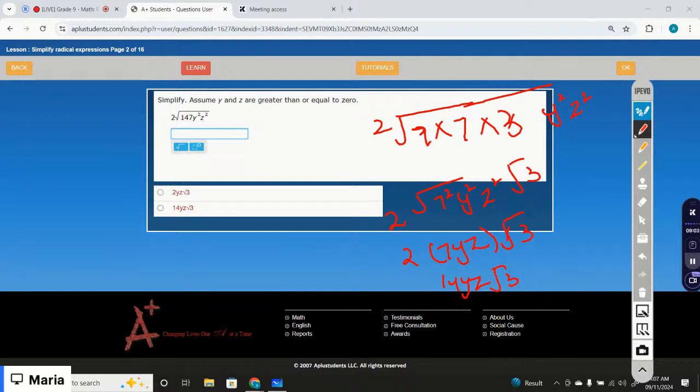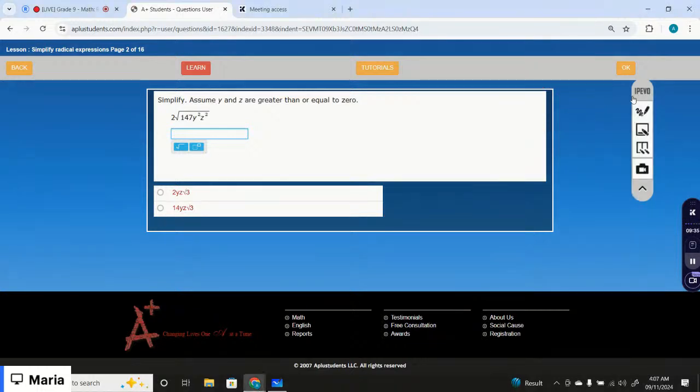The correct option is option number 2. That is 14 y, z, square root 3.